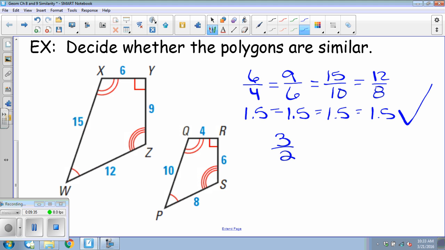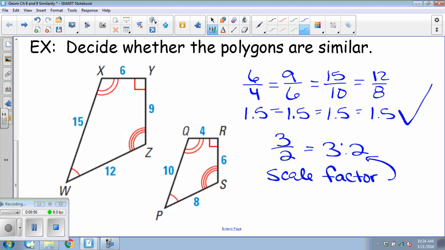Y'all remember that? That is the same thing as 3 to 2. When they ask you the scale factor, it'll be written like that, 3 to 2. That's the same thing as 3 over 2. That's just another way to write a ratio.